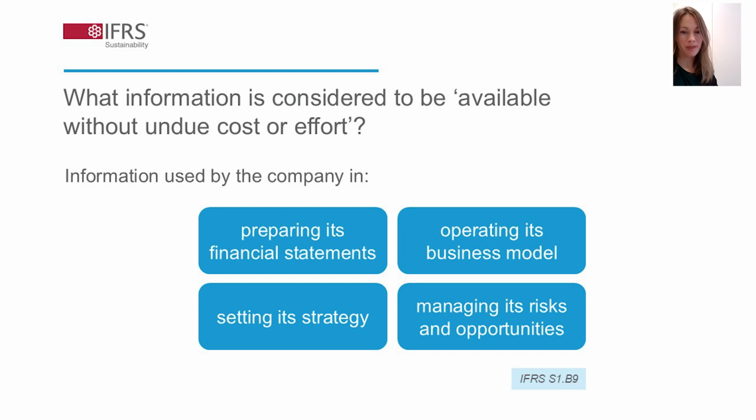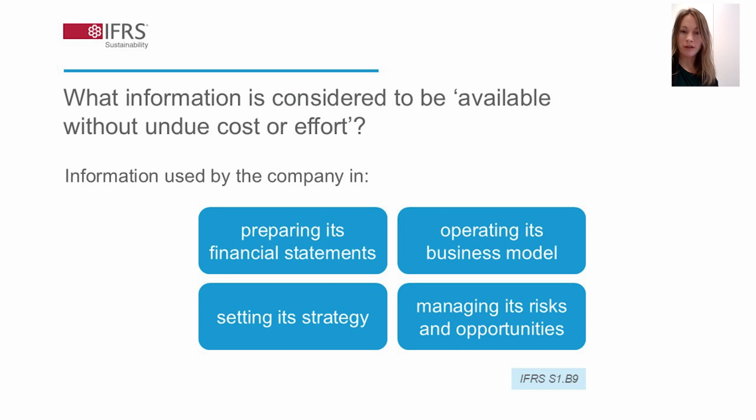In summary, this proportionality mechanism seeks to set a reasonable basis for the effort required to gather information to prepare disclosures when using ISSB standards and to explain the intended boundaries.